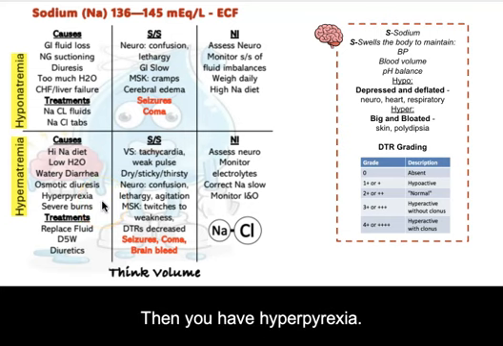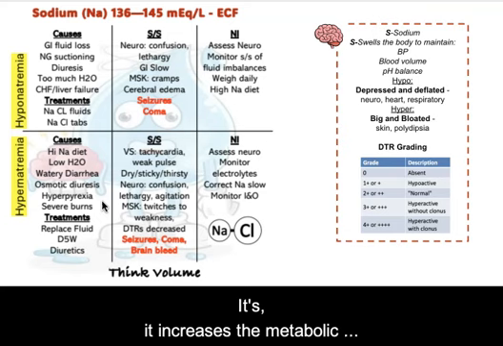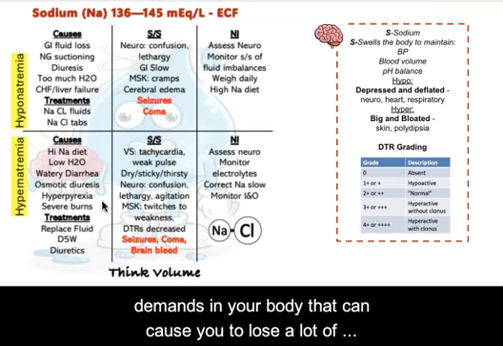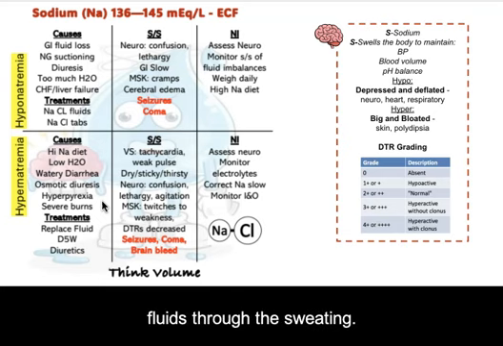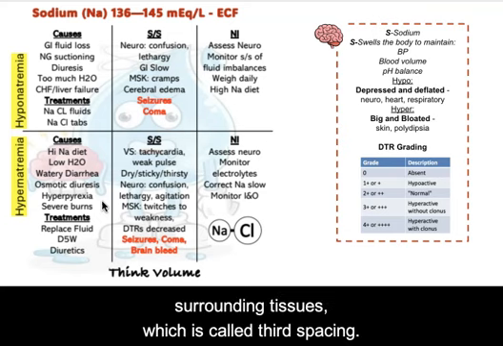Then you have hyperpyrexia. That means you have extremely high fevers. It increases the metabolic demands in your body, which can cause you to lose a lot of fluids through sweating. Then you have severe burns. What happens in severe burns? The fluid from your vascular space goes into the surrounding tissues, which is called third spacing.